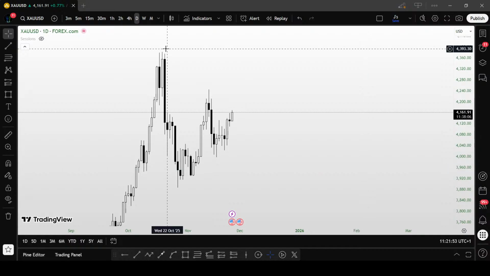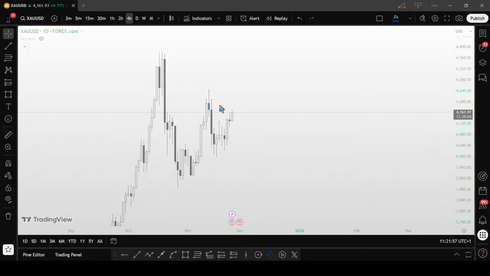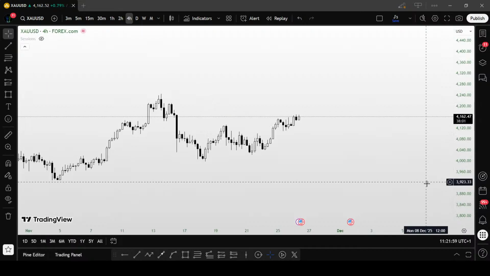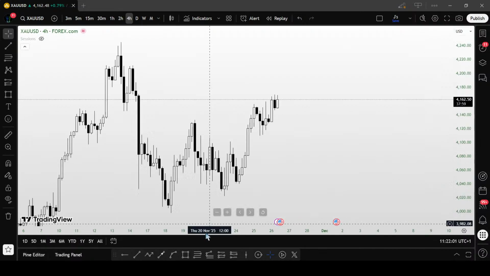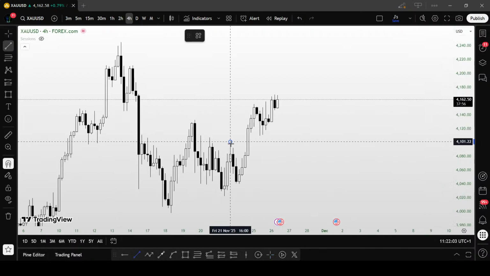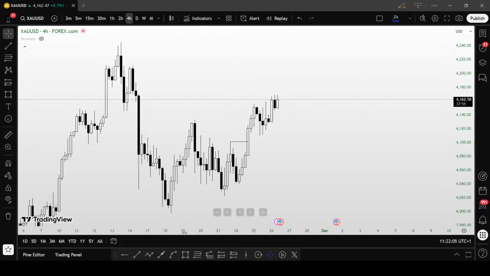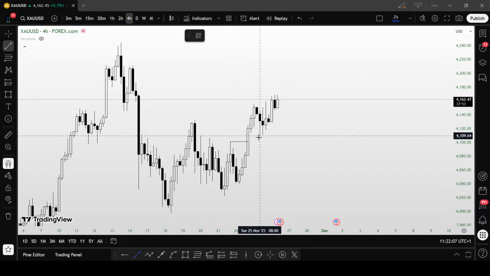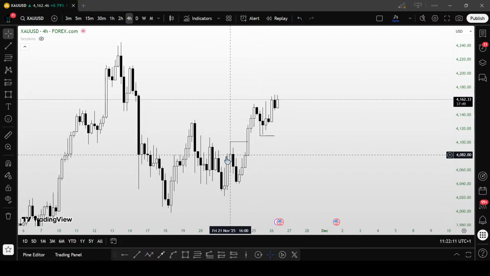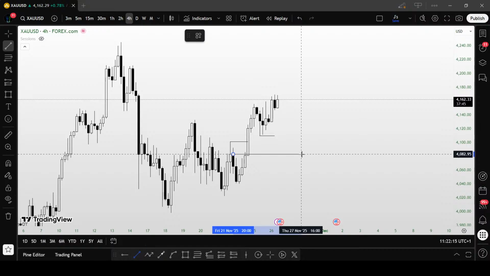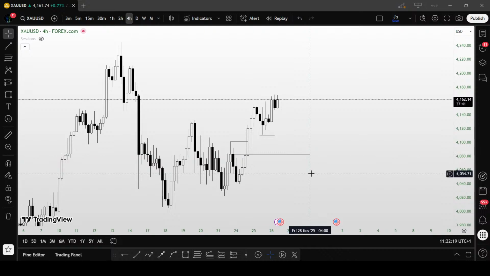On the 4 hour time frame, what do we have there? We have a nice record structure alongside a little bit of liquidity here. So I believe that if price is actually about to retrace, what we should have is this guy here as our other block. So that's going to serve as another block to me.